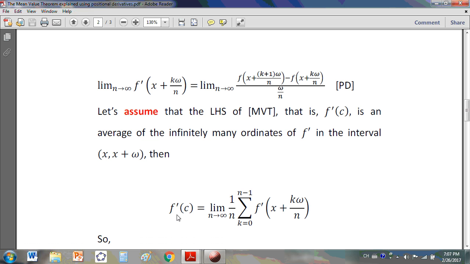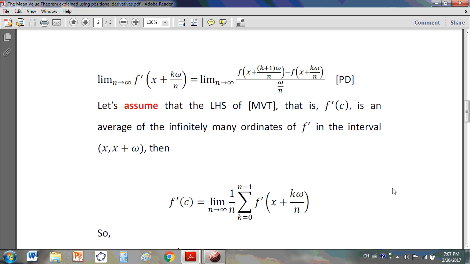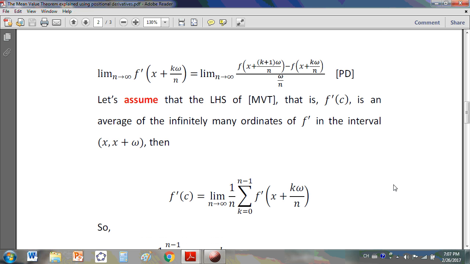F prime of c, the derivative at c, is an arithmetic mean of all the ordinates in this interval here, and as n gets very large, it gets closer and closer to that derivative. So let's start off now with the right hand side and show that it reduces to the left hand side. In other words, a very easy, straightforward constructive proof.